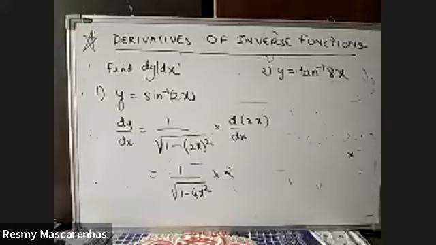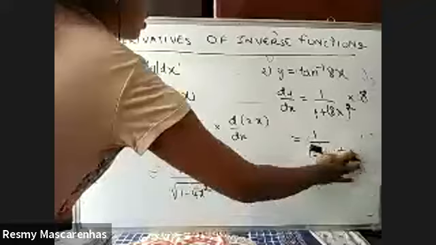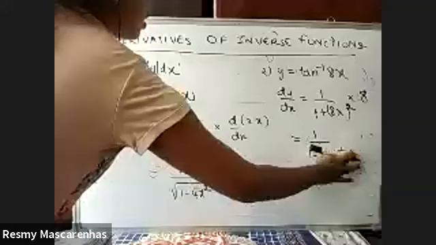Okay, so your answer will be 8 upon 1 plus 64x square. So for your standard formula, just substitute accordingly. Don't forget to take the extra derivative of x.